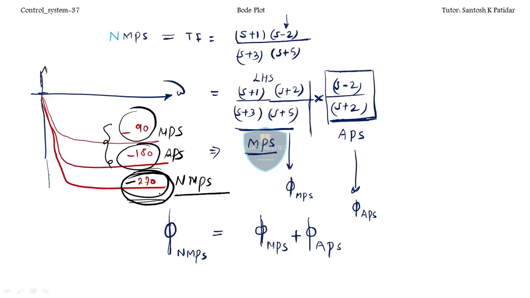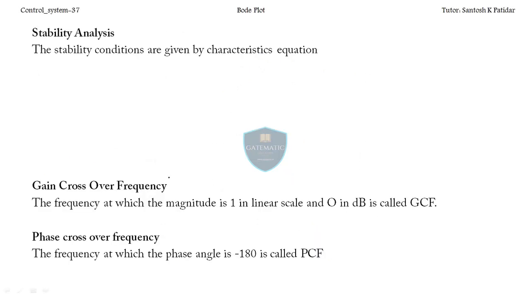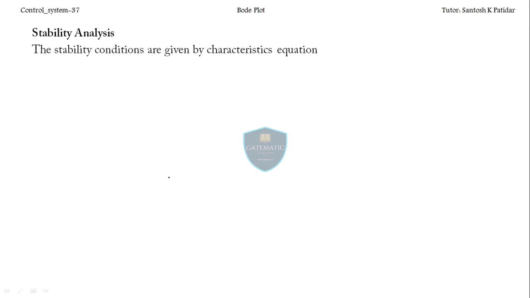Now the most important thing is the stability condition. The stability condition we are going to discuss now. See friends, the stability conditions are given by the characteristic equation always, isn't it? For any system we are dealing with closed loop control system stability.